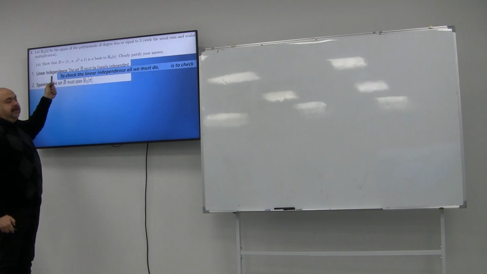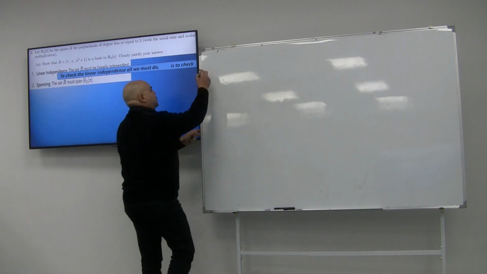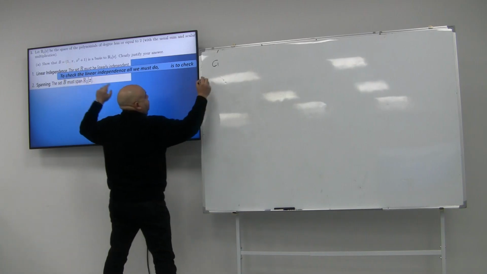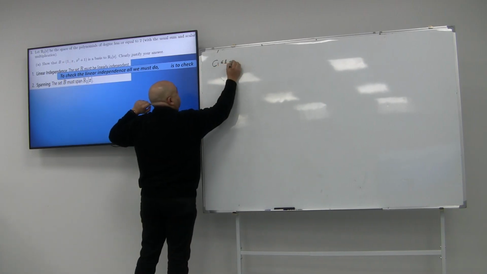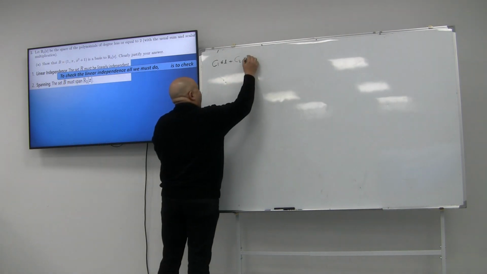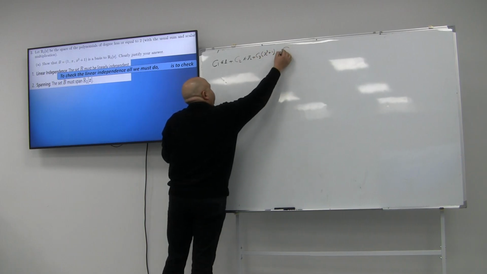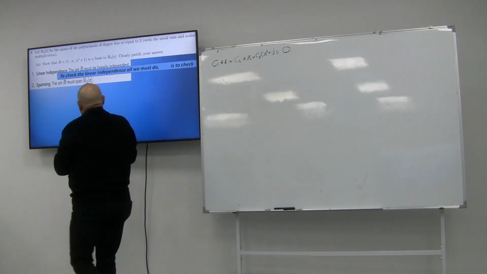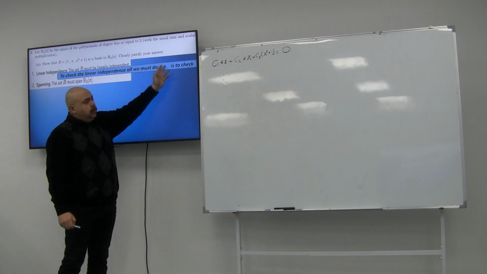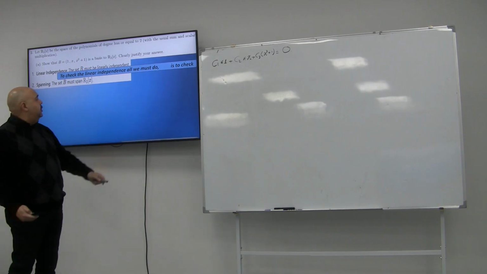How to check the linear independence? To check the linear independence, it's enough just to find C1 times the first vector, which is 1, plus C2 times the second vector, which is x, plus C3 times x squared plus 1, and this result equal to 0. So to check the linear independence, all we must do is check this condition.